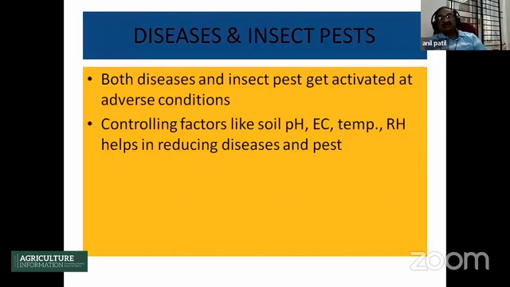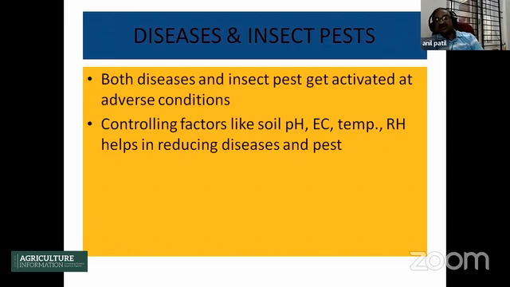Then we have diseases and insect pests. These are also factors which are going to reduce your yields. Whenever the plant is weak, because of nutrient shortage or higher temperature or higher light, then the plant is not in a healthy condition.